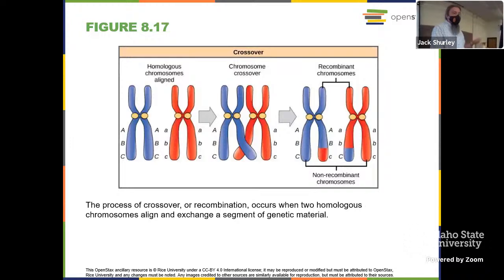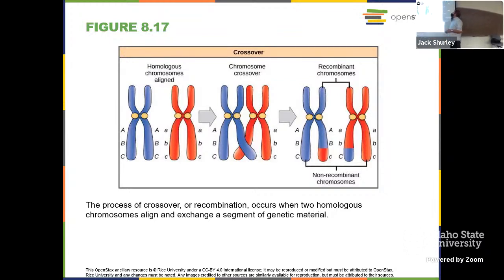So there are a number of sex-linked situations on the X chromosome, color blindness in humans as a possibility, and we discussed a little bit of that last week.